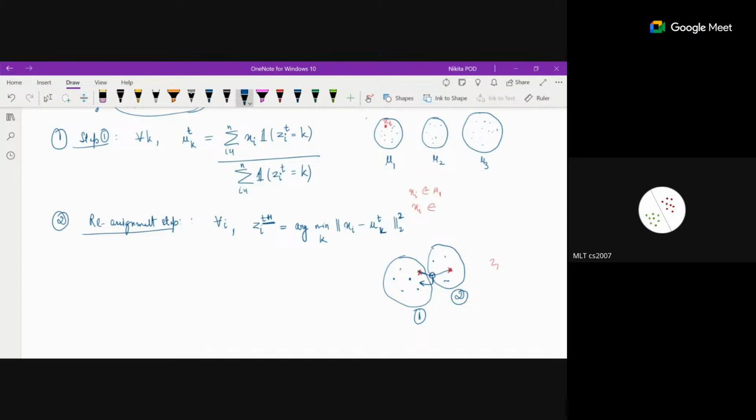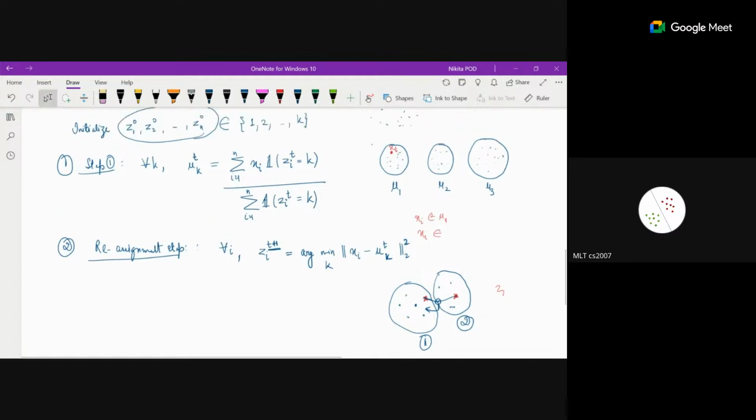Only if such a situation is arising, then in that case only we will move our data points to a different cluster. Otherwise, we don't move. So these are the two steps being done in Lloyd's algorithm.